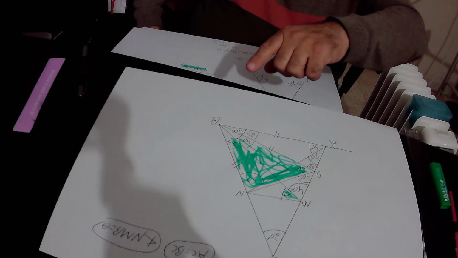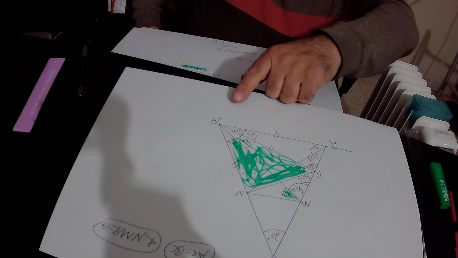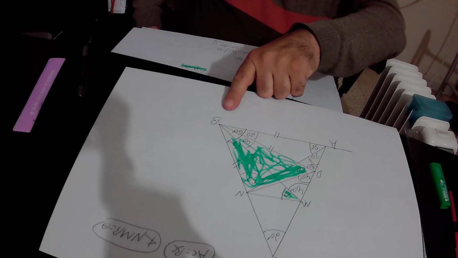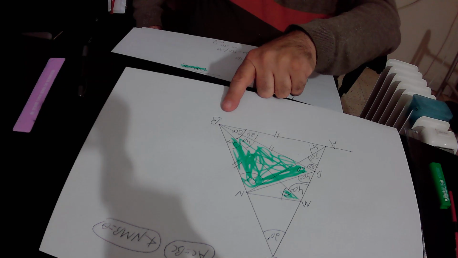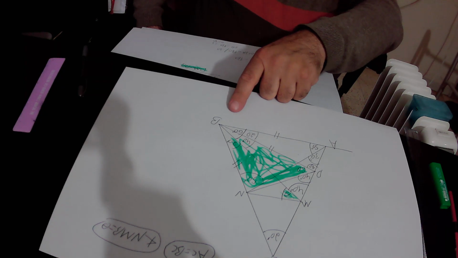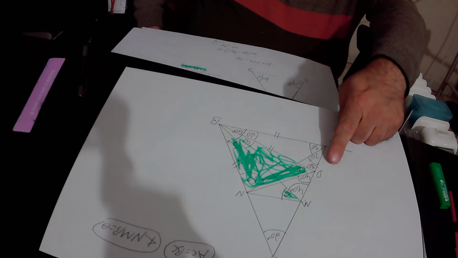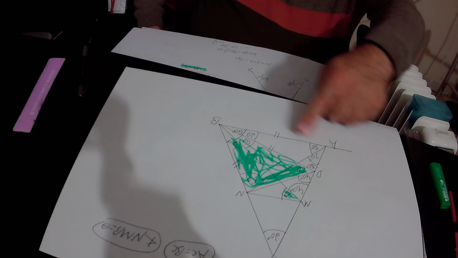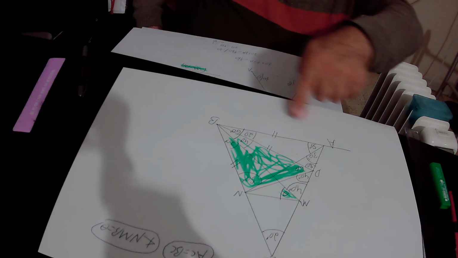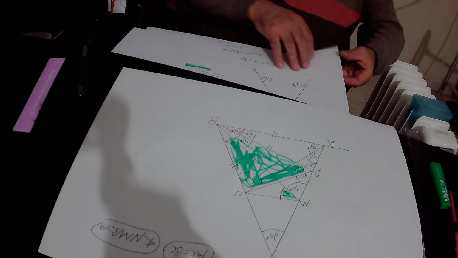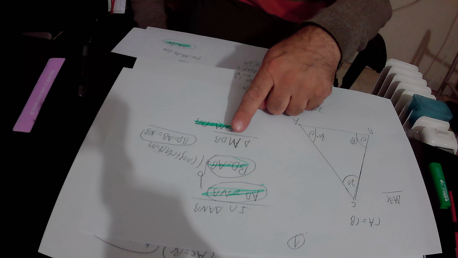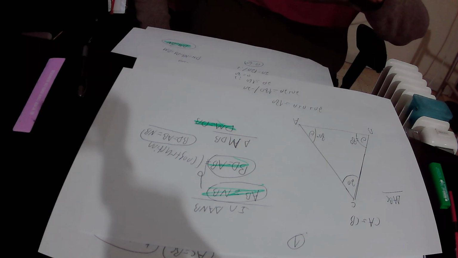In the next step, from point B, we draw line segment BD in such a way that BD will be equal to AB. Again, I'll repeat: BD is equal to AB according to our construction.